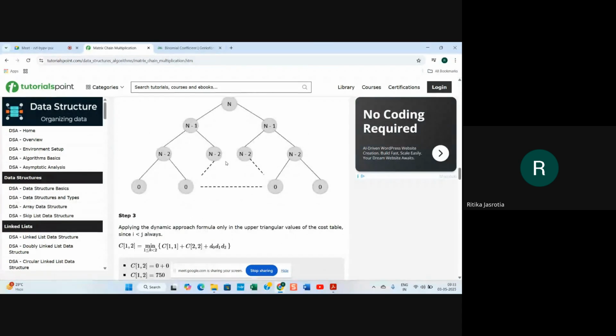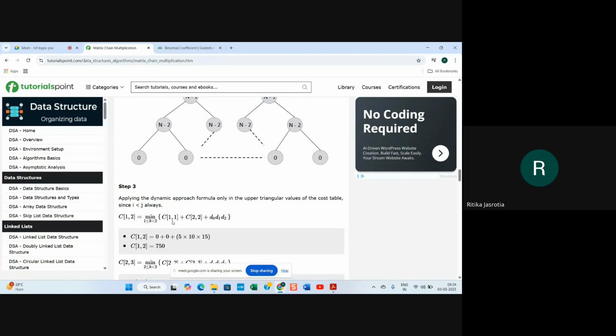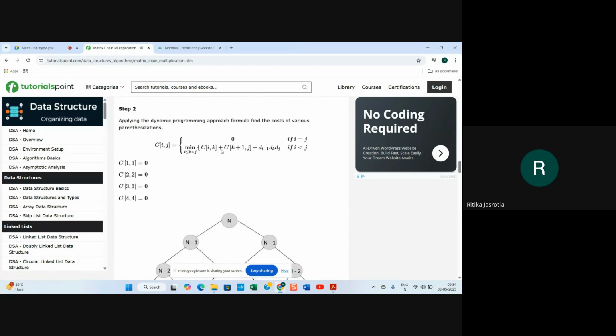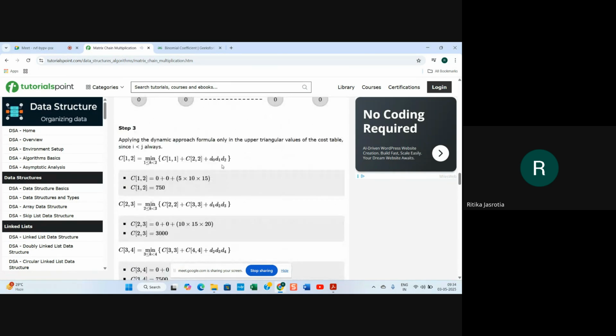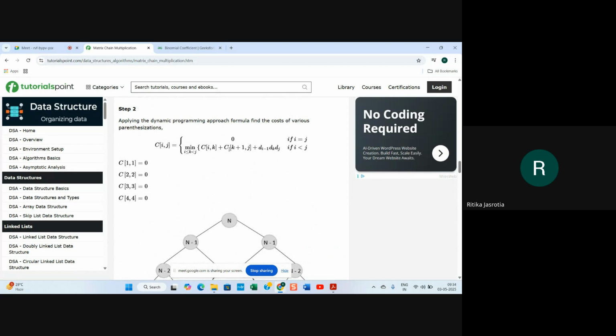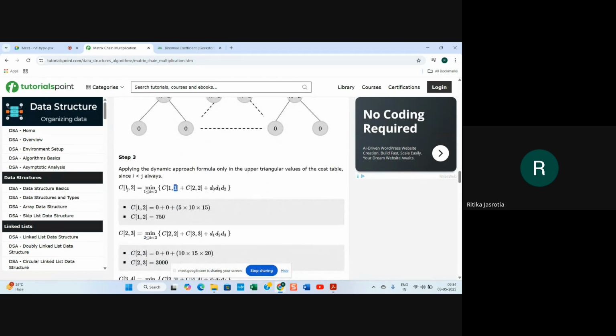So how have they calculated this? C1K plus CK plus 1 J. If we are keeping k as 1 here, then Cik will be, i is 1 and k we are keeping 1, so it will be C11, and Ck plus 1 j will be, k we have kept 1, so k plus 1 will be 2, and j is 2, so C22.